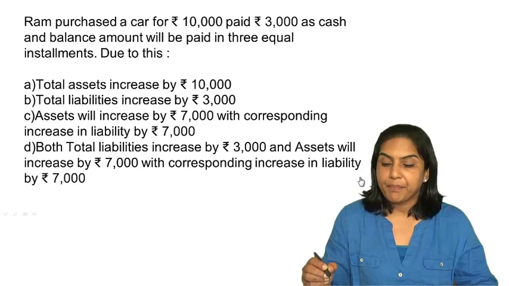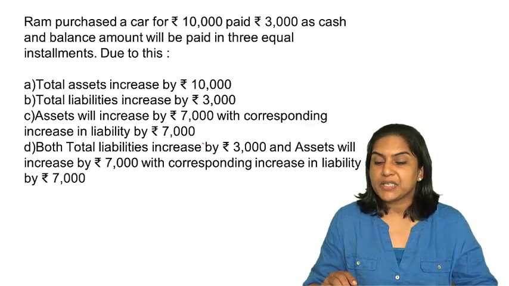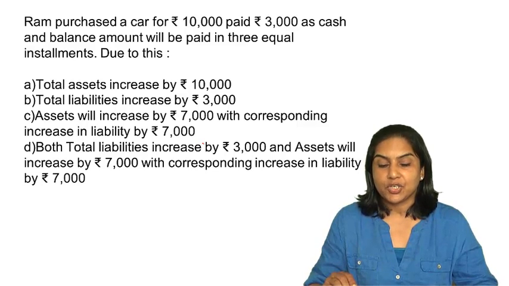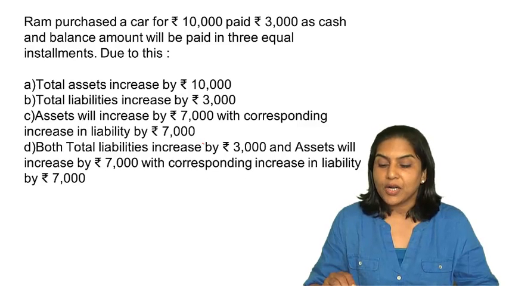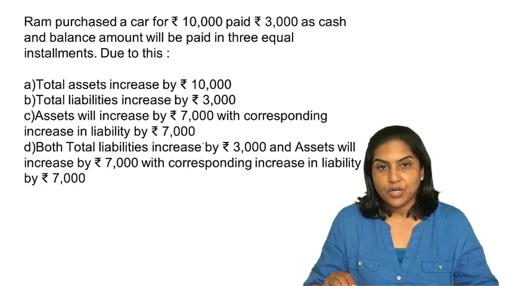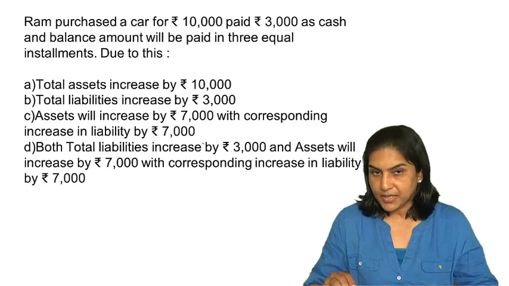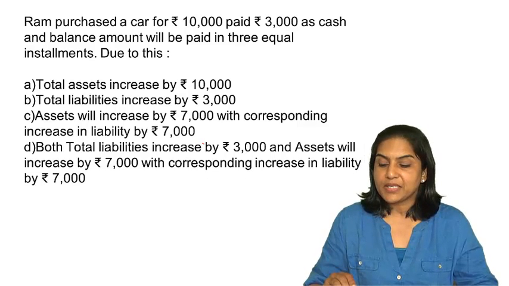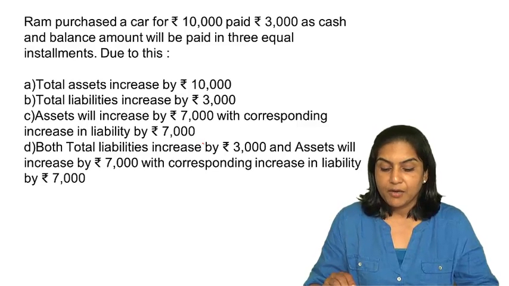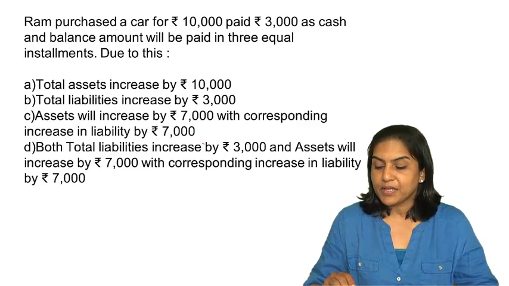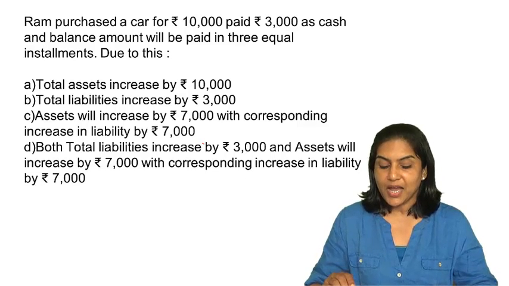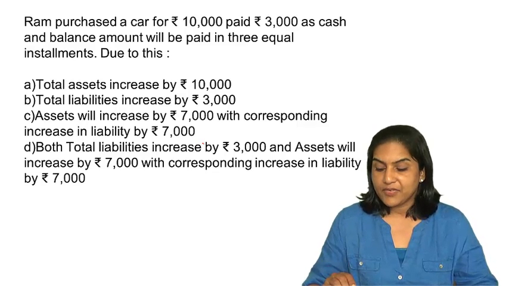Next, Ram purchased a car for rupees 10,000 and paid 3,000 as cash, and balance amount will be paid in 3 equal installments. Options: A, total assets increased by 10,000; B, total liabilities increased by 3,000, assets will increase by 7,000; C, corresponding increase in liabilities 7,000; and D, both total liabilities increase by 3,000 and assets increase by 7,000 with corresponding increase in liability by 7,000.